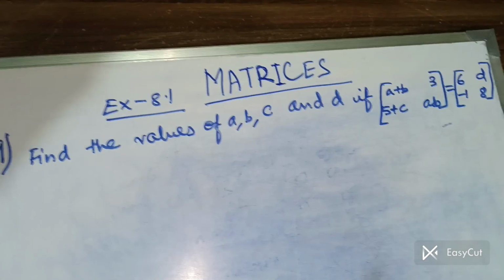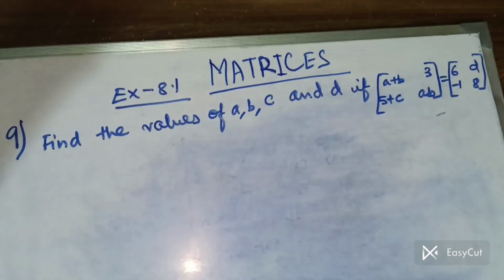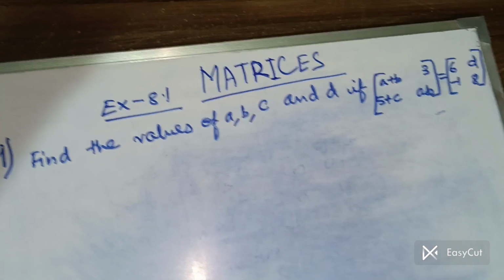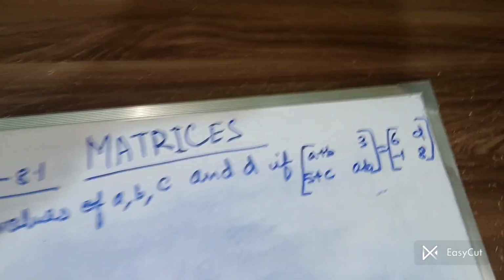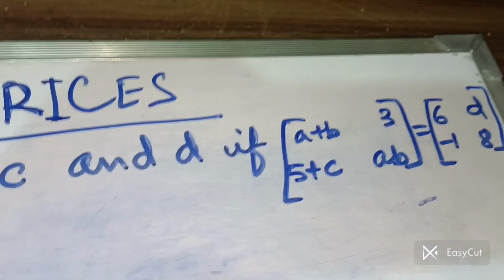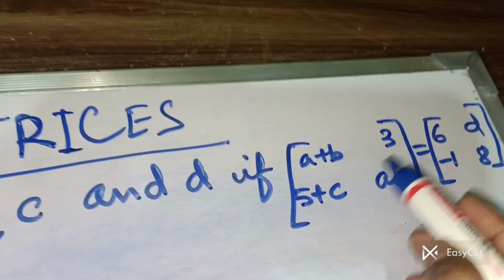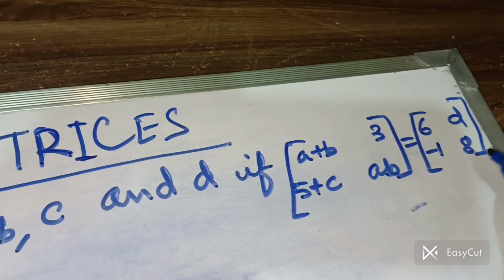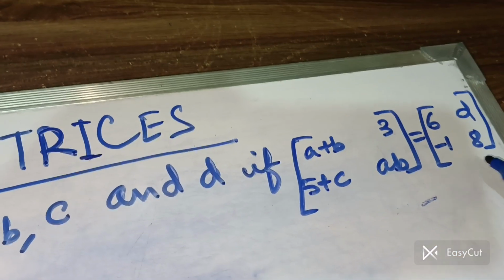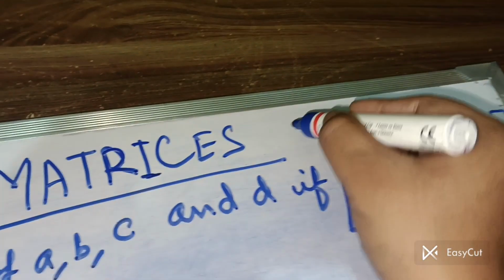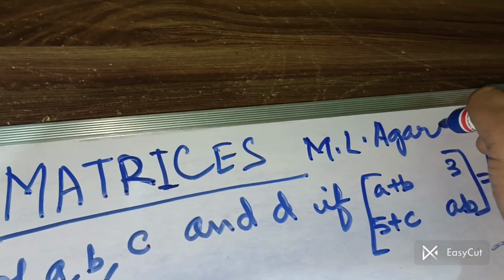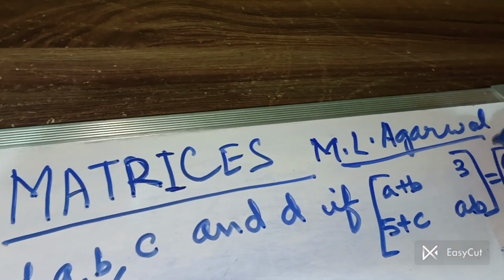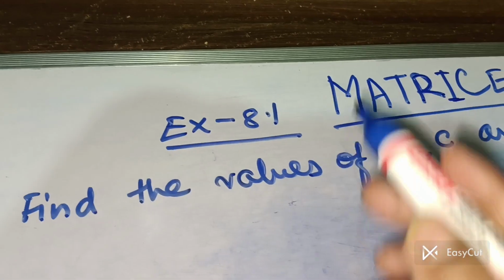So we are moving on to exercise 8.1. I am doing this sum. Find the values of a, b, c and d if the matrix [a+b, 3; 5+c, ab] equals [6, d; -1, 8]. I am doing the sum from ML Agarwal, chapter Matrices, exercise 8.1.